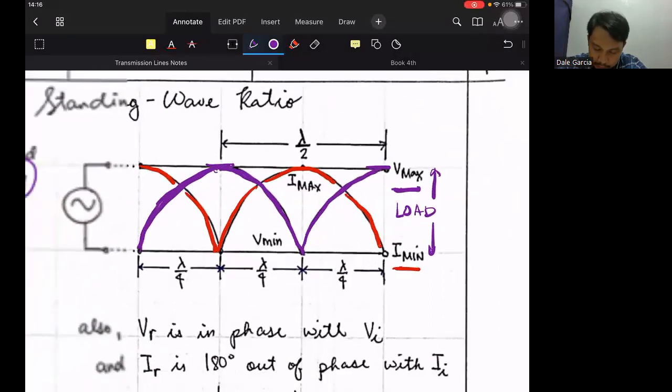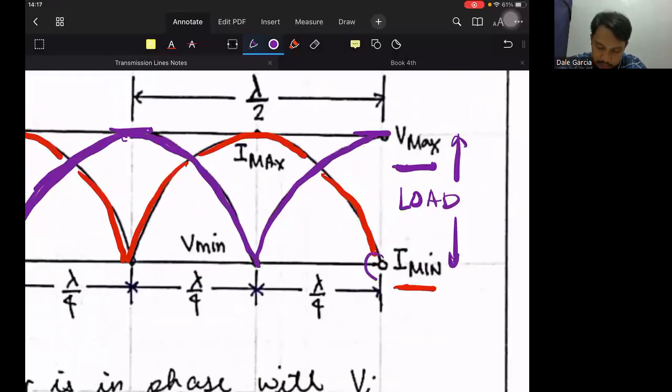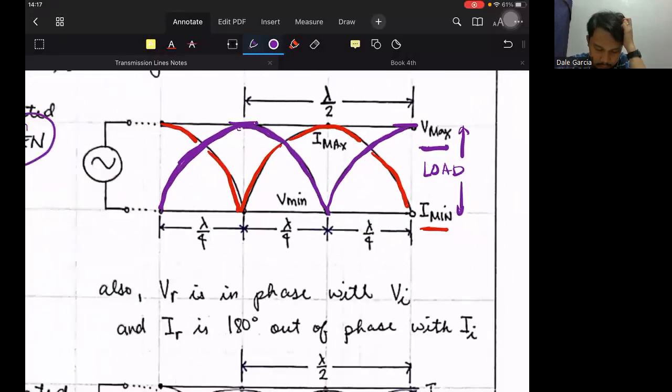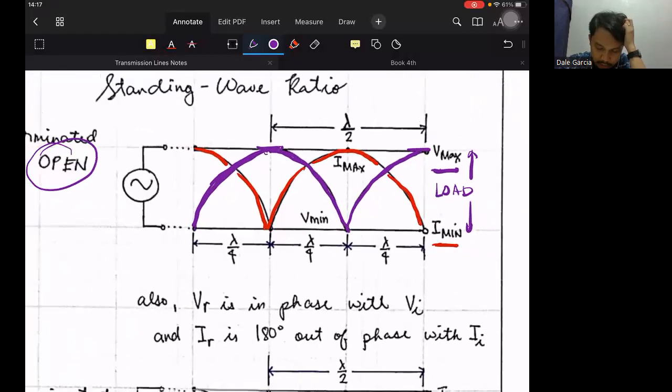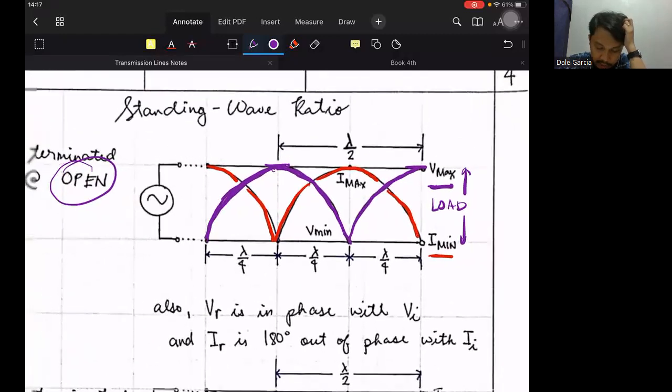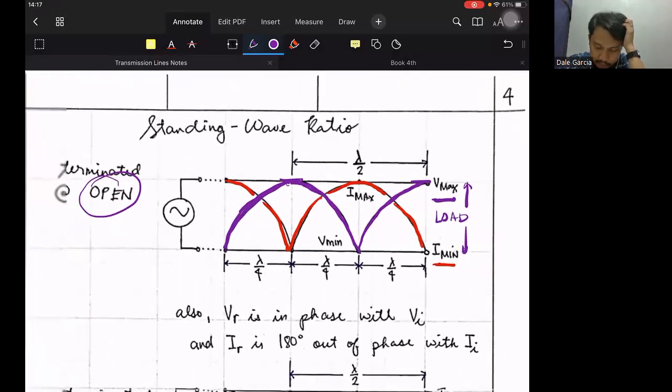If the current standing wave is minimum at the load, 1/4 wavelength away, it is maximum. Also, VR is in phase with VI, and IR is 180 out of phase with II.